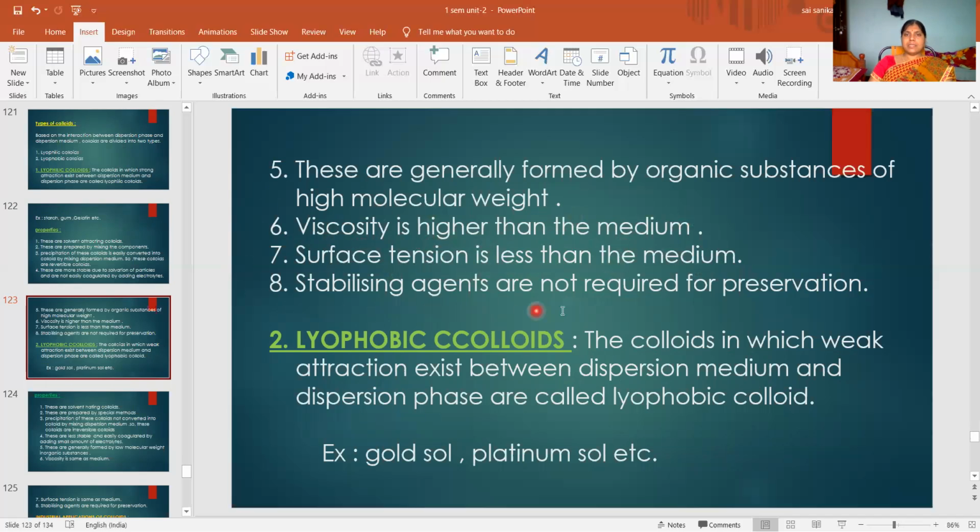Then stabilizing agents are not required for preservation. So we can preserve these colloids. We have no need of adding any stabilizing agent because they are already in stable condition. They are stable. So these are the properties of lyophilic colloids.